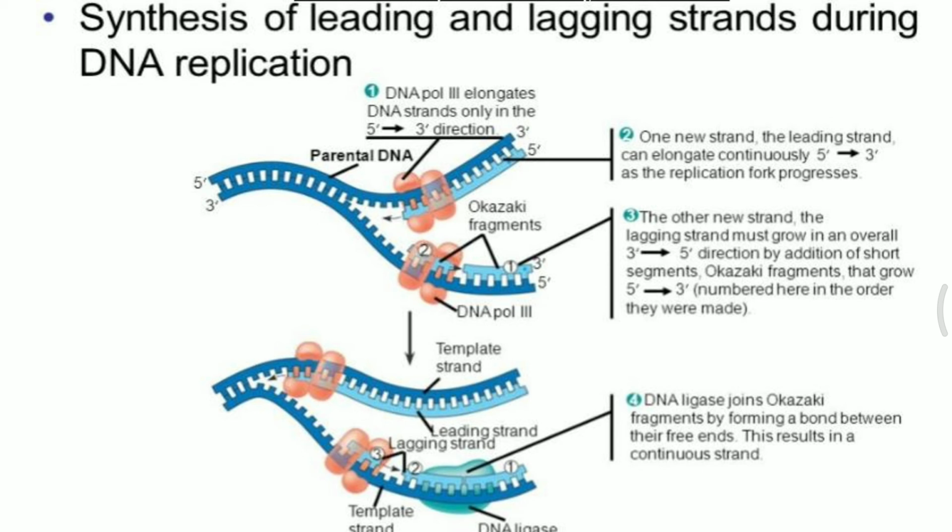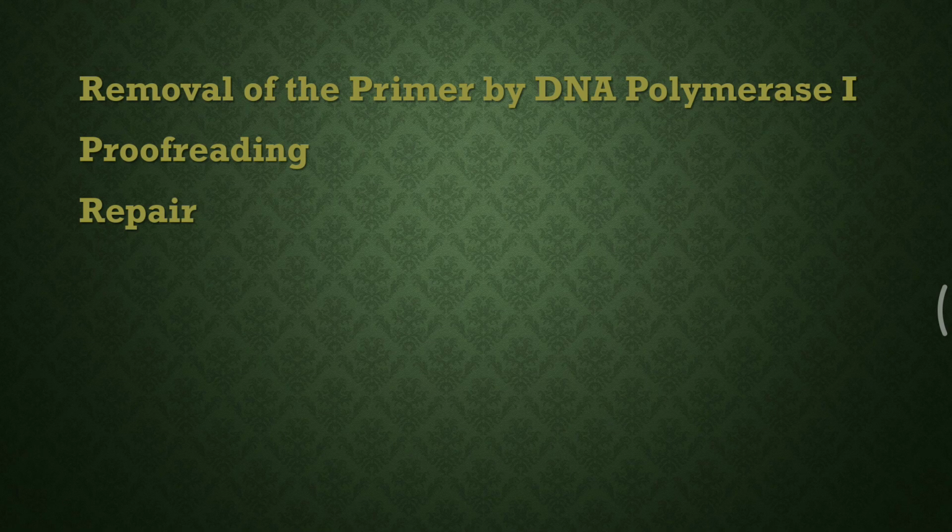At that time, DNA polymerase runs over the entire strand of DNA which is synthesized and tries to figure out where a wrong nucleotide is placed. Once it is found, it is removed, and DNA polymerase runs over it again to attach the correct nucleotide. This is known as proofreading.